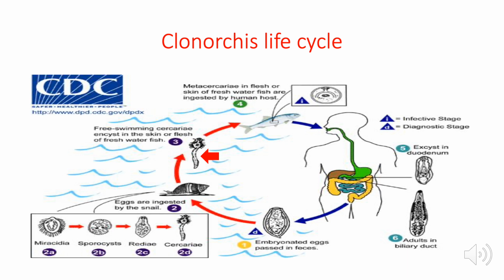I forgot to describe the cercaria of Fasciola, but I want you to pause this video and check the life cycle of Fasciola and appreciate that its cercaria is lophocercous because it has a long tail. In the case of Clonorchis, it's also a lophocercous type because the cercaria has a long tail.